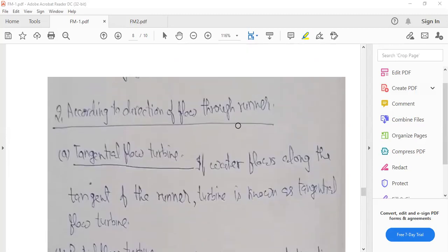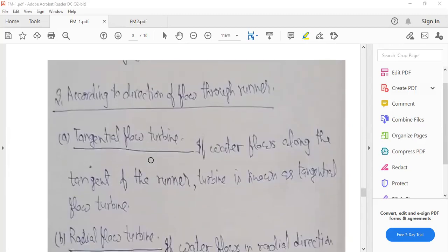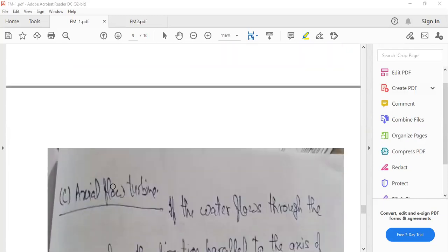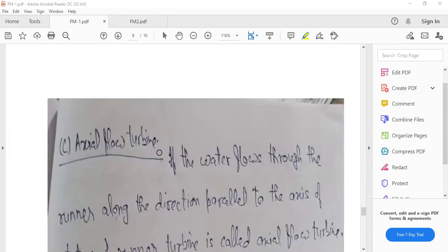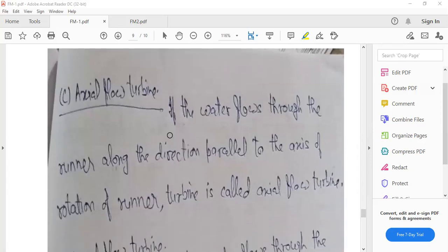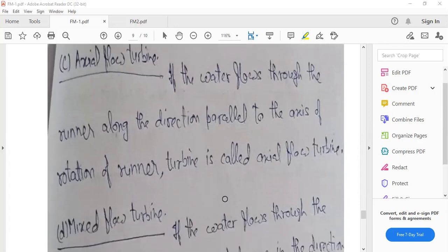On the basis of direction through the runner, we have tangential flow turbine, radial flow turbine, axial flow turbine. Axial flow means when water flows parallel to the direction of runner, then it is called axial flow reaction turbine. If the water flows through the runner along the direction parallel to the axis of rotation of runner, then the turbine is called axial flow reaction turbine.